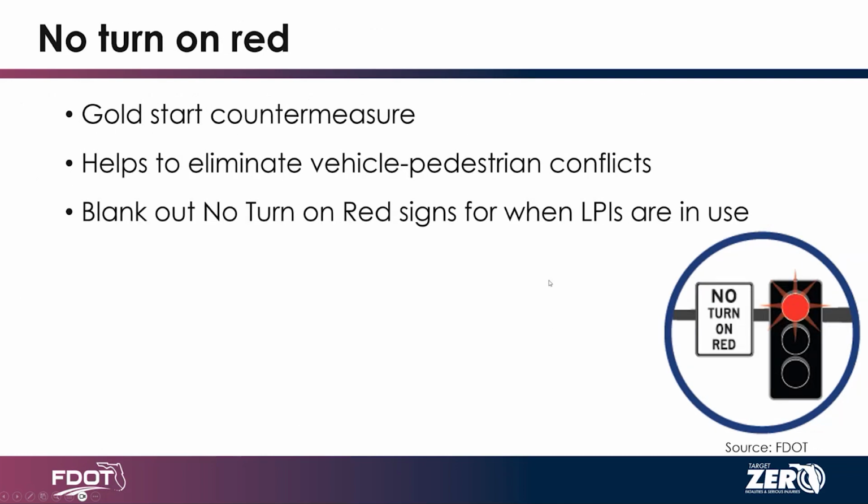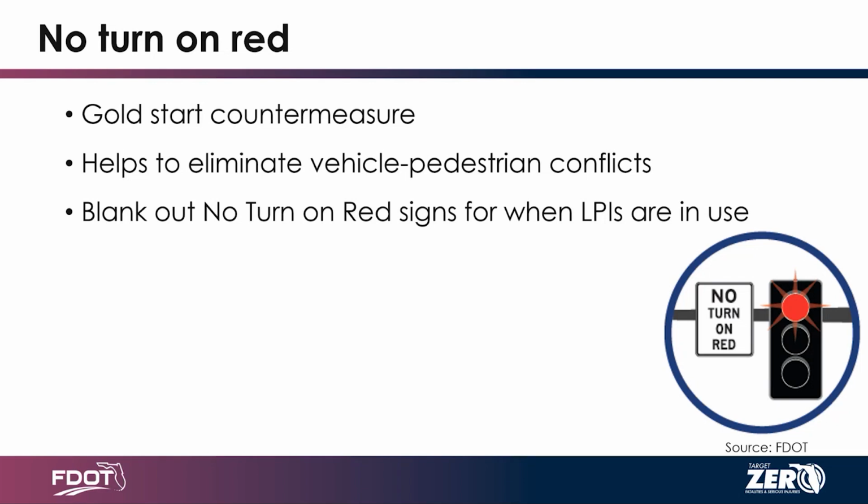So another gold star countermeasure is no turn on reds, eliminating pedestrian vehicle conflicts for those right turning vehicles. For implementing LPI and exclusive right turn phase, you can implement a blank out sign. I'm not sure if y'all are familiar with a blank out sign, but it's basically an illuminated sign, kind of similar to the ones at railroad crossings.